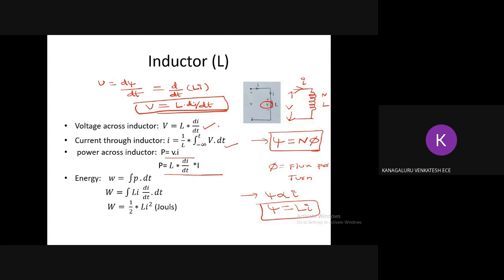Now, from this, I want to find out I. Take L to the left-hand side and what will you get? 1 by L. See, here we have a differentiation. If you apply integration on both sides, you will get integral V dt. Let me repeat that.